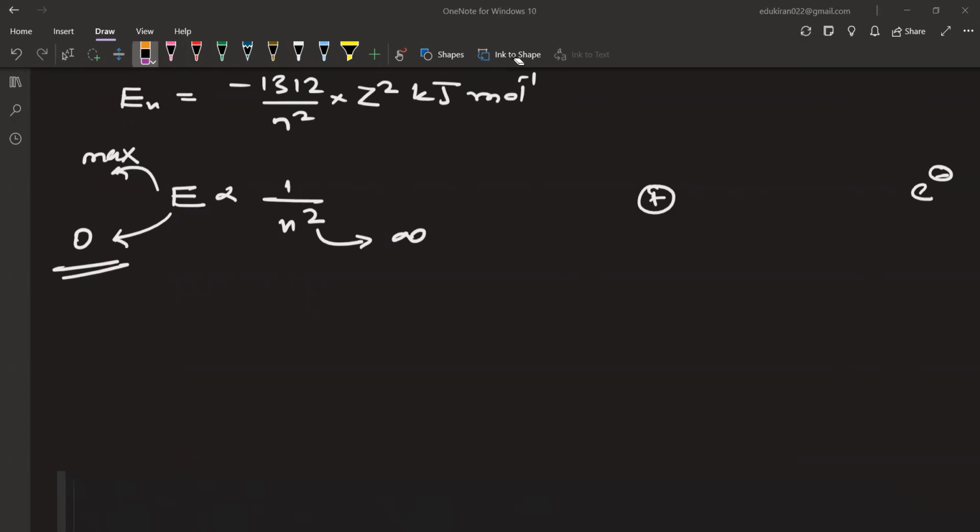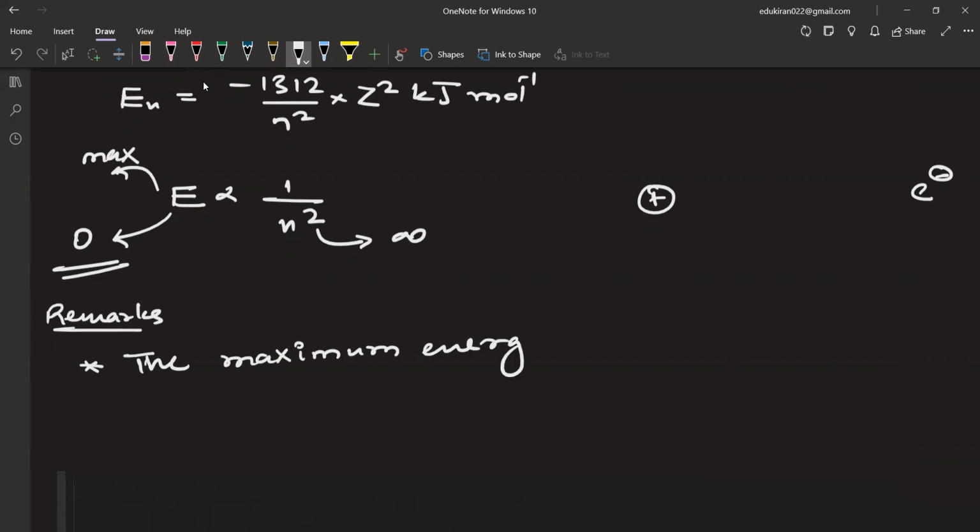Okay, तो यहां से आपके पास एक पॉइंट लिखिए रिमार्क्स में, the maximum energy of electron is 0.